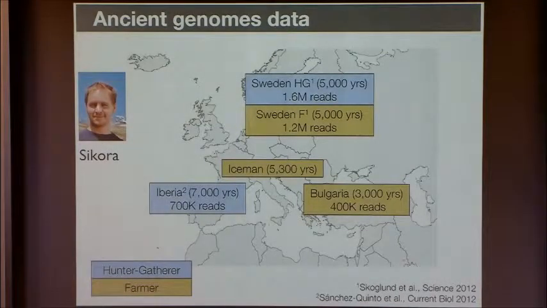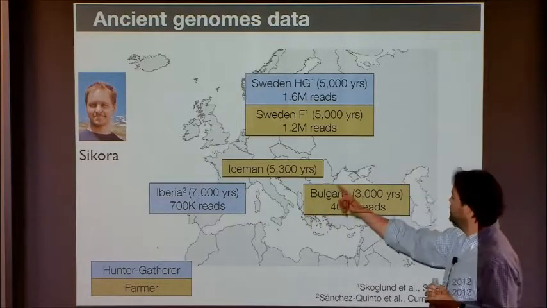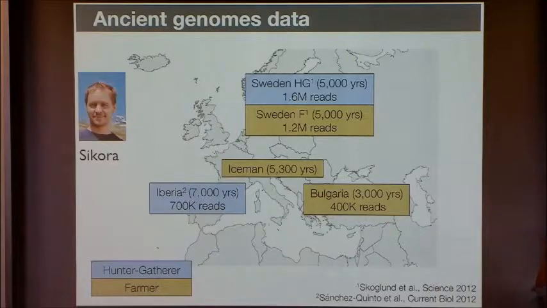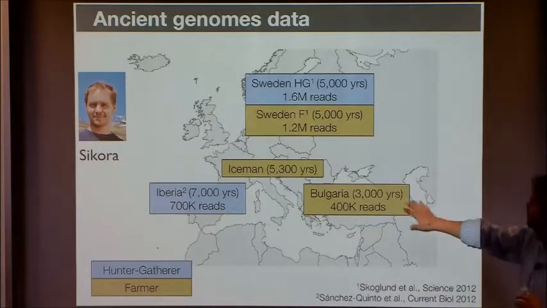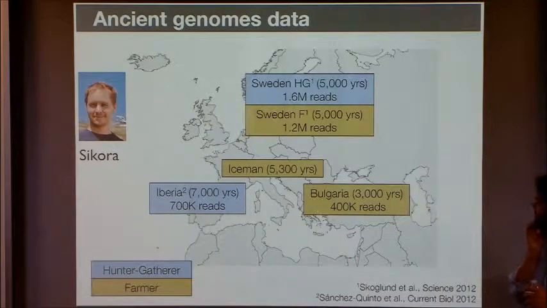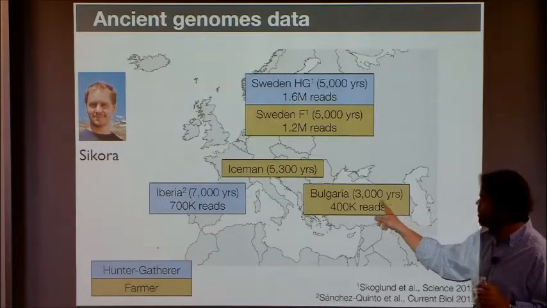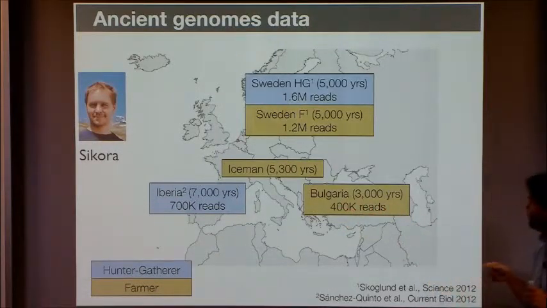And this is a plug for where this began. This is part of a project that Martin is leading, where he has taken a set of published genomes, as well as our Bulgarian sample, and we've now increased this in the data that I'm about to show you.